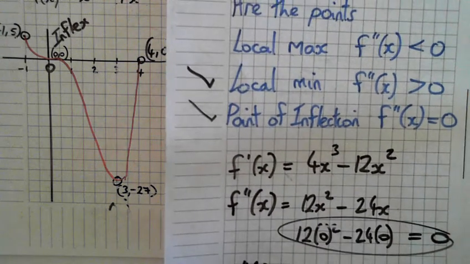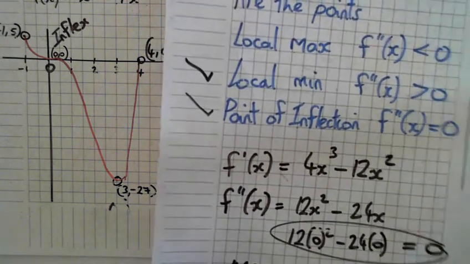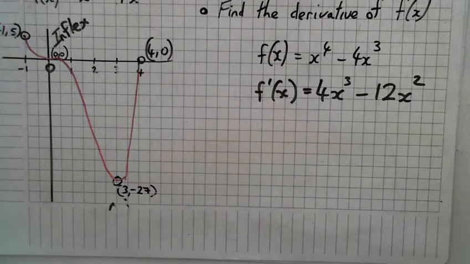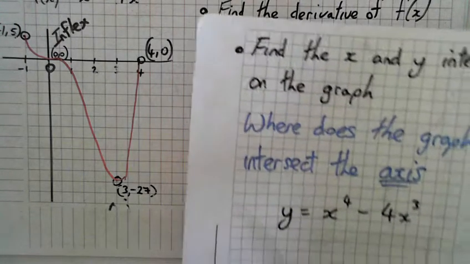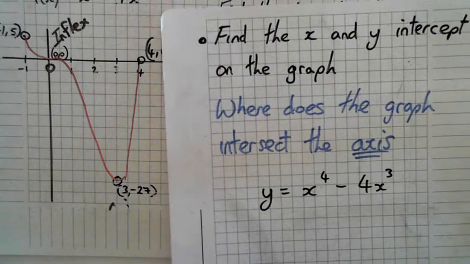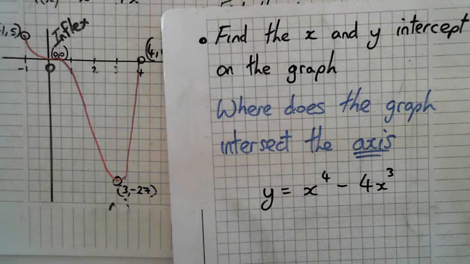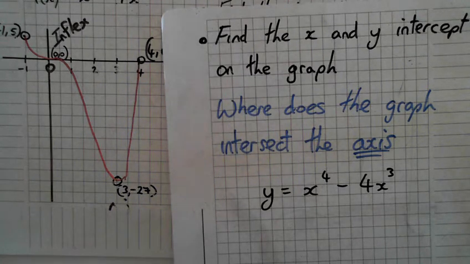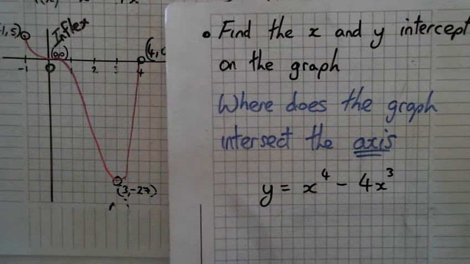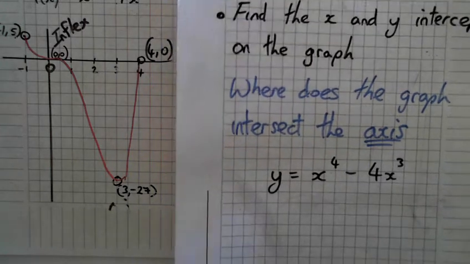Okay? Do you understand the nature of the points? Whether they're local minimum, local maximum, or a point of inflection? The final part of that example is find the x and y intercepts on the graph. So where does the graph intersect the x-axis, and where does it intersect the y-axis? Right.